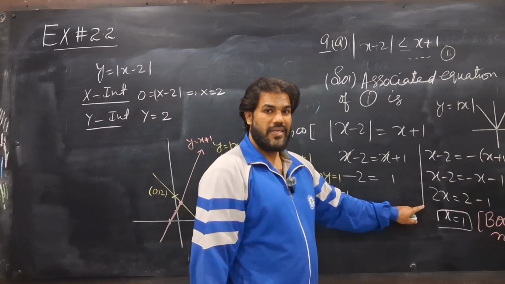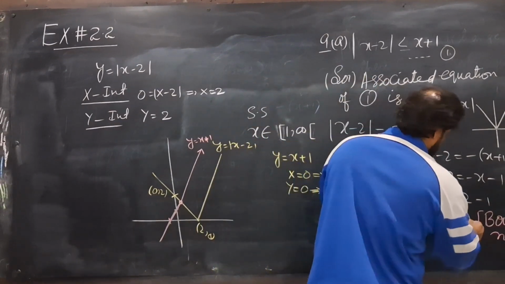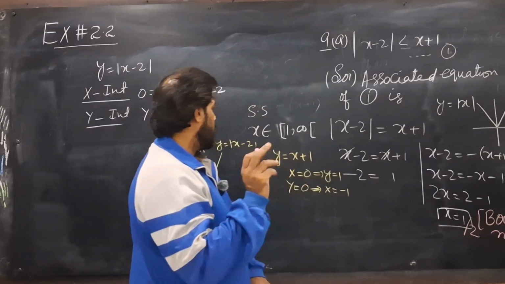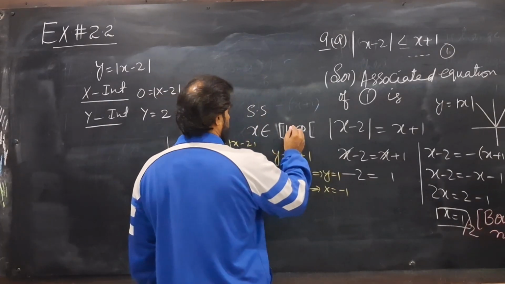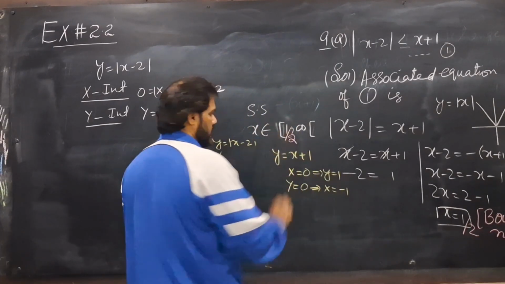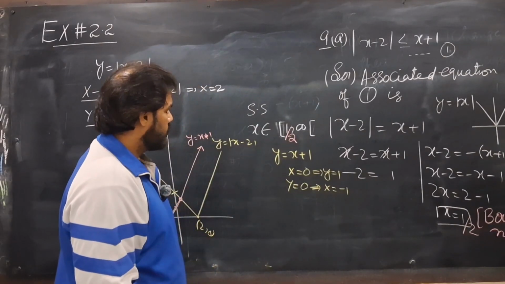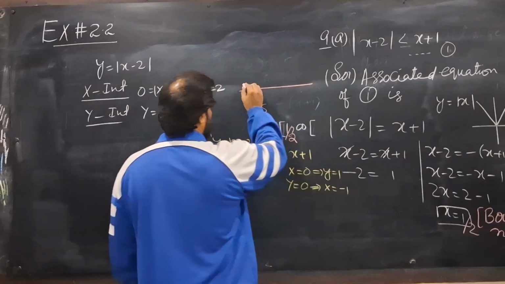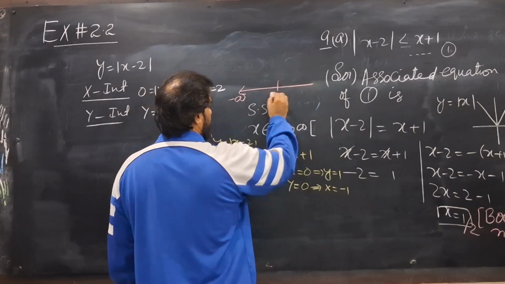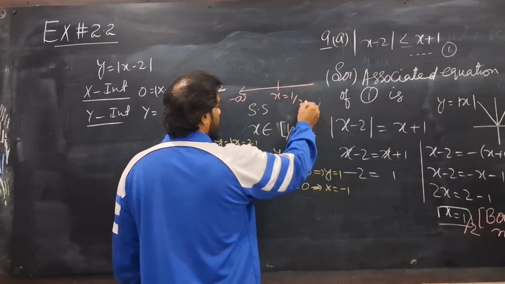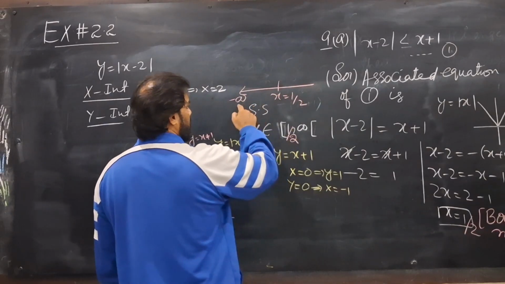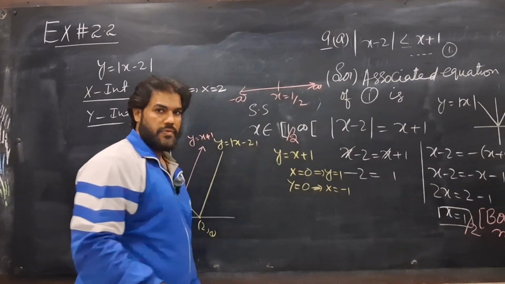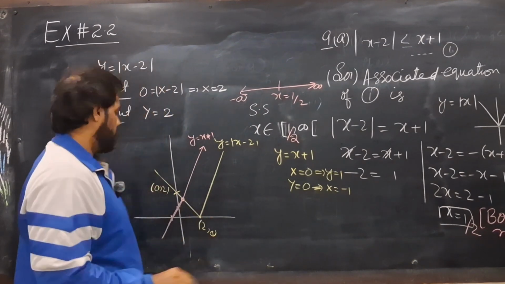From where x is equal to 1 by 2. So your solution will lie here, x is equal to 1 by 2 to positive infinity. Yes, your number line will be divided by x is equal to 1 by 2. So there are the two regions, minus infinity to 1 by 2 and the other is 1 by 2 to positive infinity.